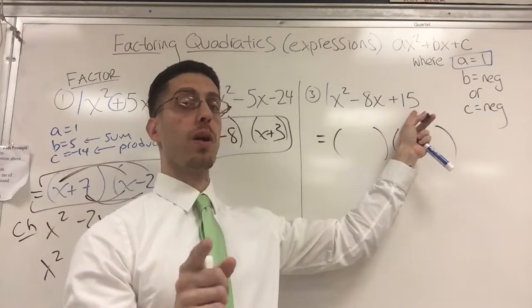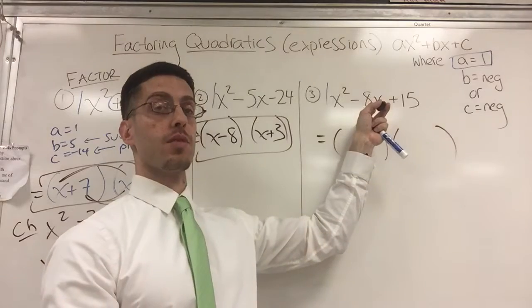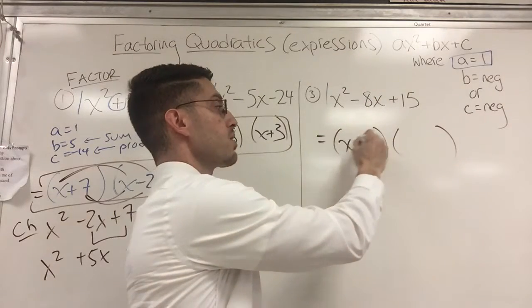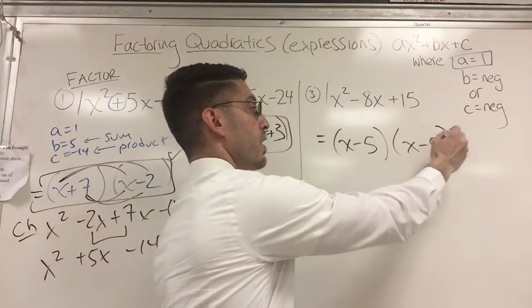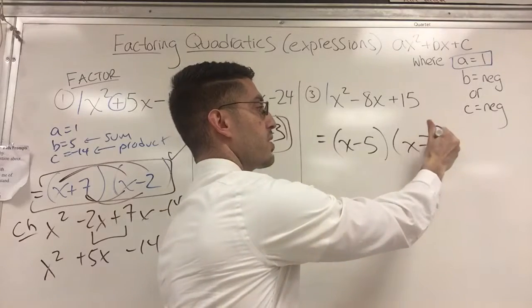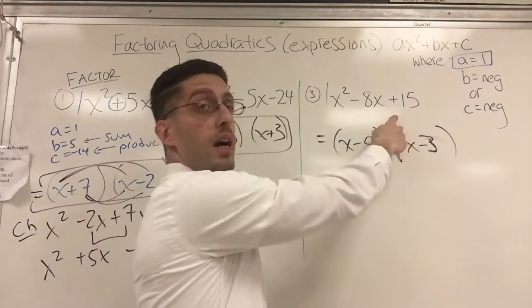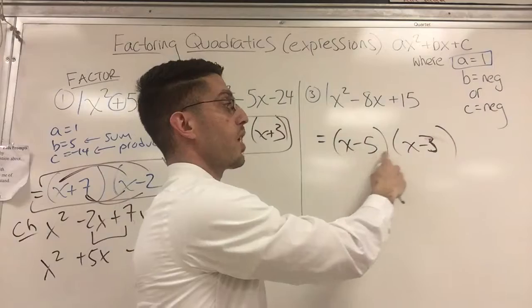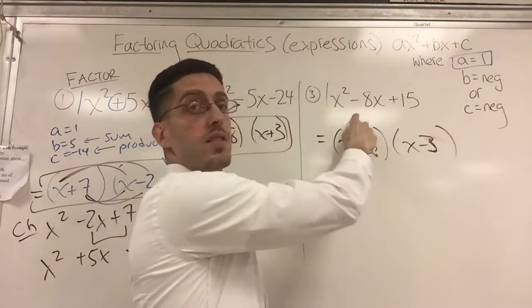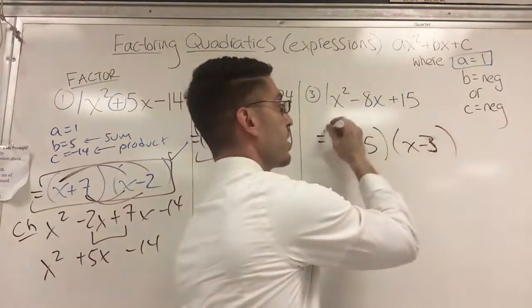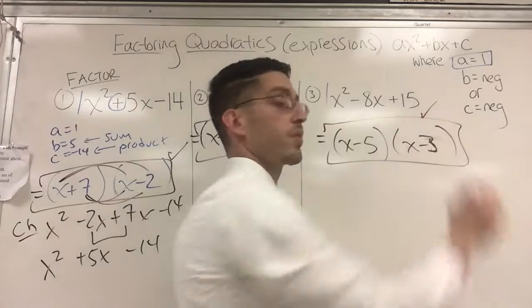You've got to think of all your options. And the reason you want negative 5 times negative 3 is because negative 5 times negative 3 is positive 15, but negative 5 plus negative 3 is negative 8. All right, so this would be your correct final answer.